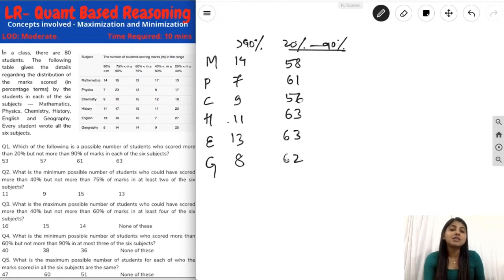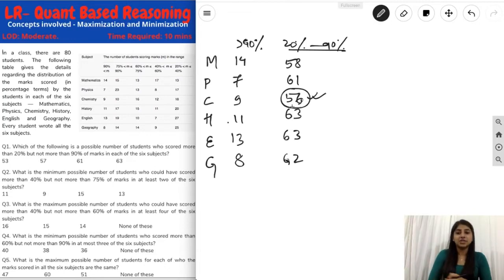We can see that the lowest is for chemistry, and since they have asked for all the subjects combined, at most 56 students can have scored between 20 and 90% in all 6 subjects. Why can't it be 57, 60, 61 or 63? Because only 56 have scored 20 to 90 in chemistry.